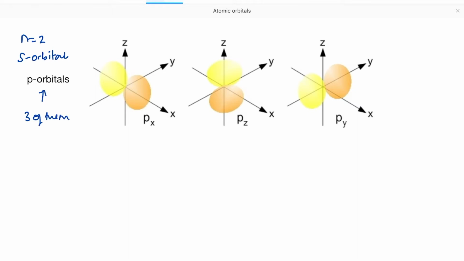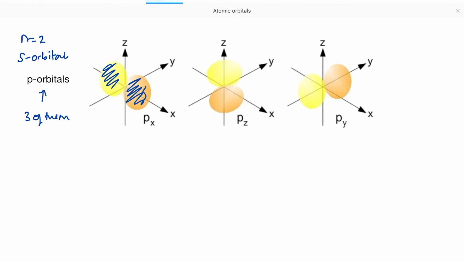And when you solve those hideously complicated mathematical equations, it tells us that the probability of finding an electron in one of these p orbitals, that electron would be somewhere in this 3D space. You often see these drawn a bit like balloons to help you visualize that.